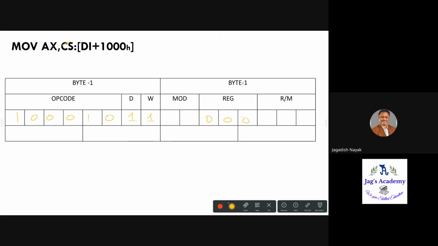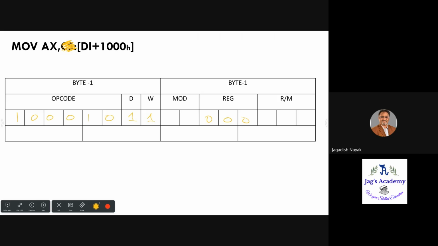See, I told you initially you forget about this. I will talk about this later. Now look at only this instruction. This instruction is an example of register relative. So your REG will be taken care of here. Now R by M, which is the memory, you have to put it now. You have to put the mode bits and R by M bits. How do you put the mode bits and R by M bits? I will tell you that. Don't worry. First we will fix the remaining ones. Opcode.